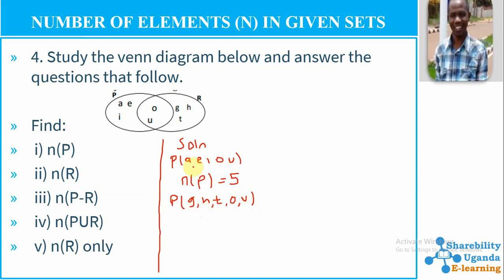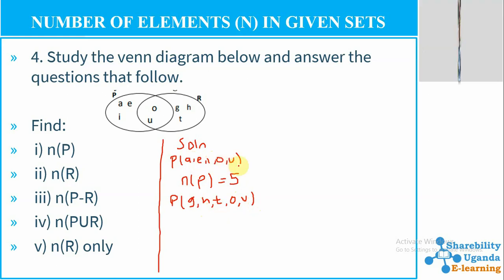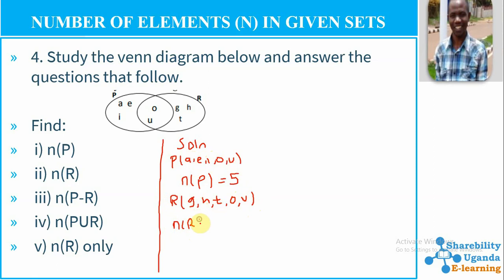When we know the members belonging to each set, if you are asked how many they are, or the number of elements in our set R, we can state them.